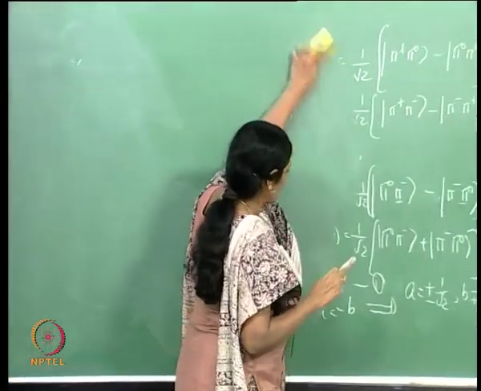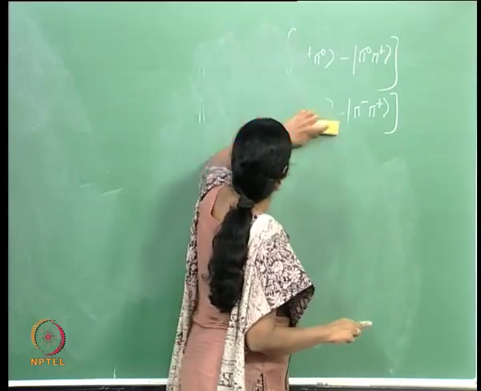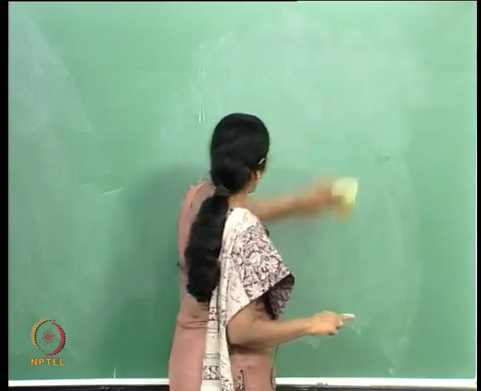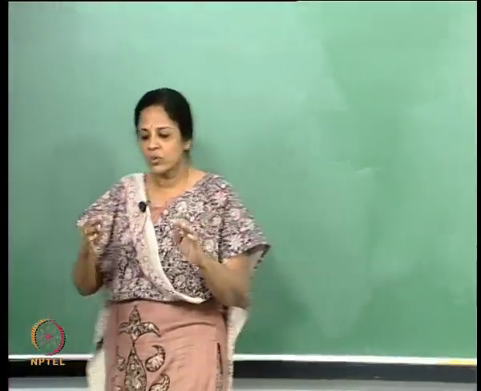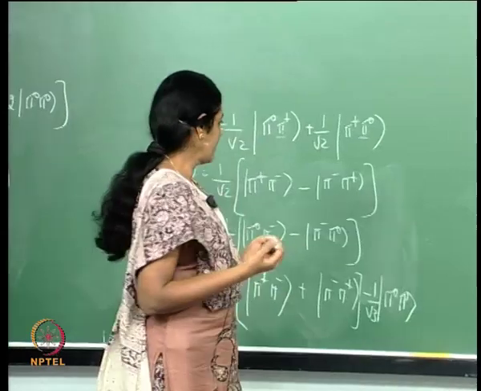We now go back to the observation that we made earlier, that two neutral pions do not contribute to the I equals 1, Iz equals 0 state.